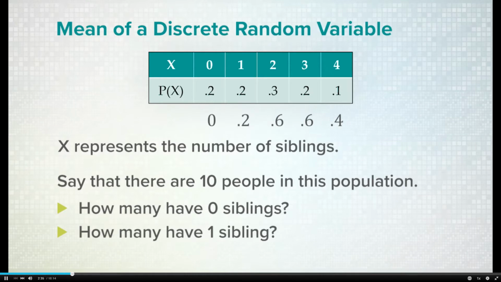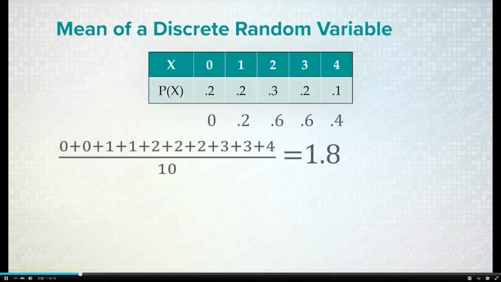All we're doing is taking our probability distribution and using it to look at a population of 10 people. Now, let's find the mean of this population of 10 people. We can do that based on what we learned years ago about averages. If we look at these 10 numbers, we'll add the numbers up and divide by 10. That gives us 1.8.